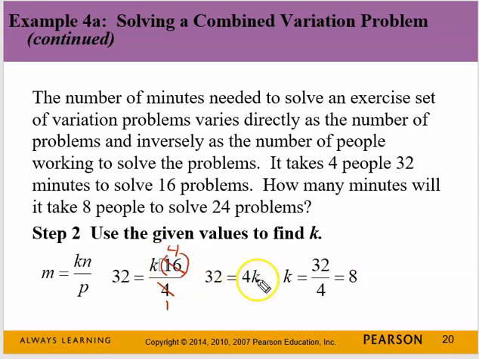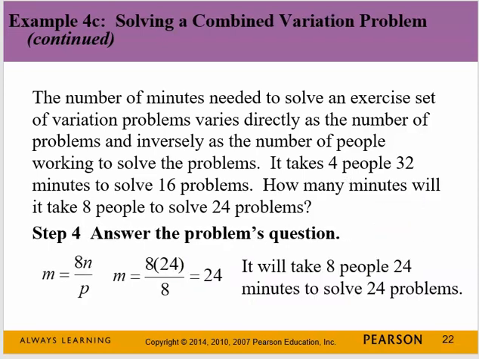So we got 4K equals 32. We're going to now divide both sides by 4, and we get K equals 8. So our problem then in the future will be M equals 8 N over P.